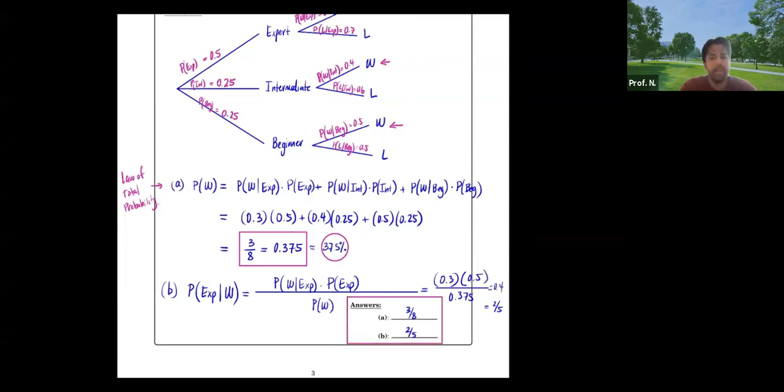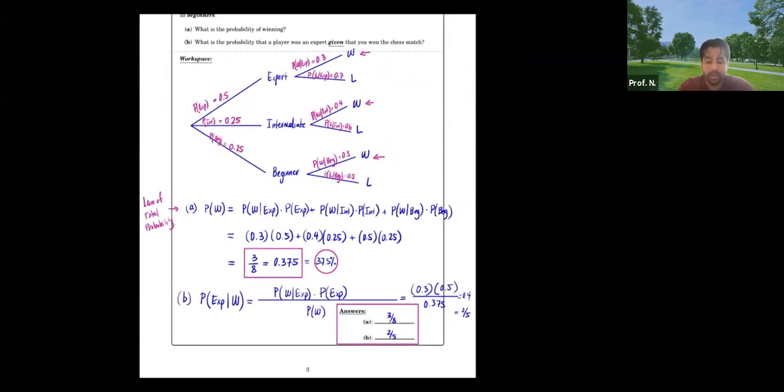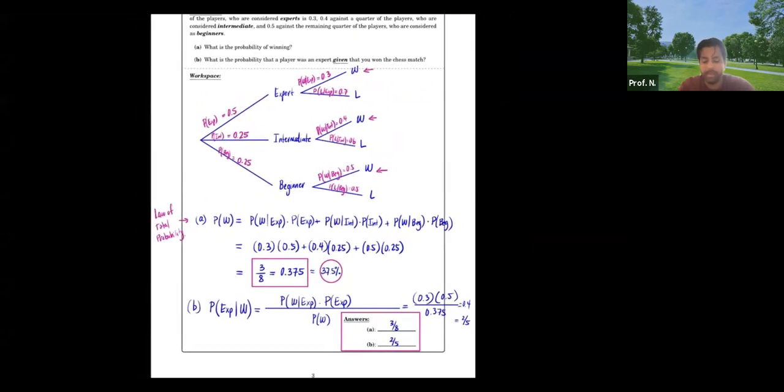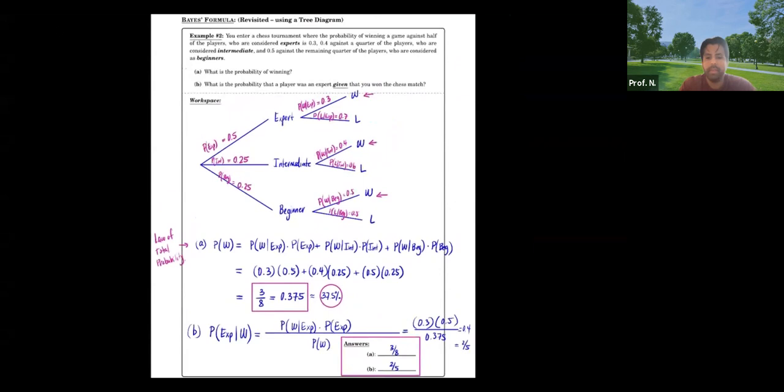So any questions about this problem, utilizing the tree diagram, visualizing now using the tree diagram, the law of total probability, and applying that law of total probability to Bayes' formula.